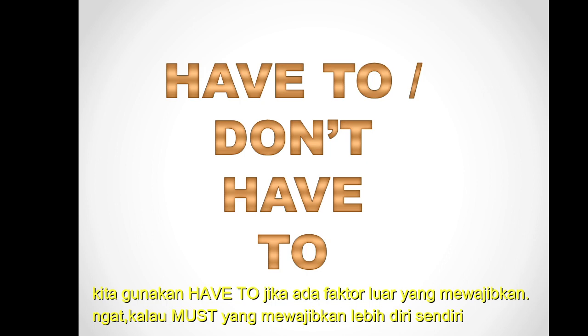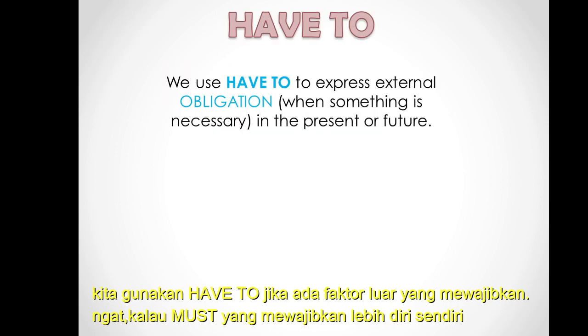Remember, must used to express internal obligation because the obligation come out from the person itself. But we use have to because the obligation comes from external factor or the environment.